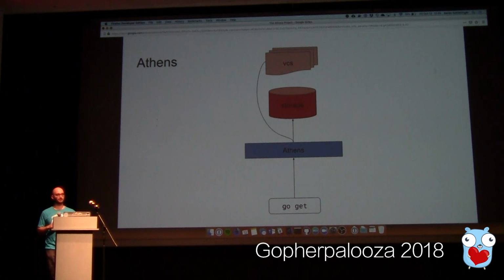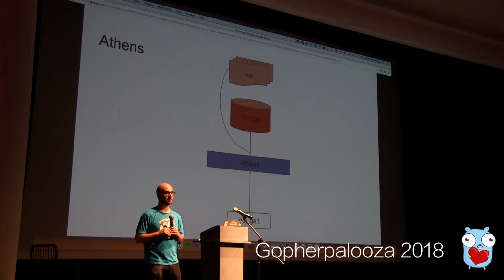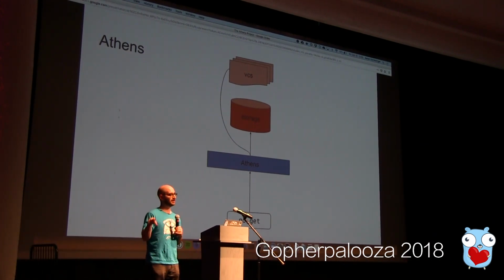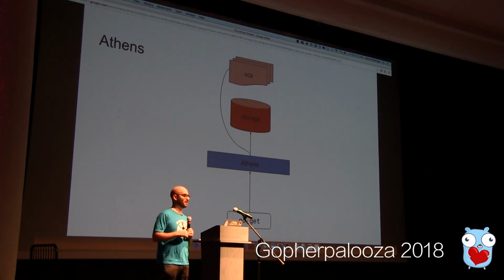So if you go and delete v0.1.0, it's not deleted from storage. That's important to remember because it's a best practice. Athens is saying it's a best practice to not go and overwrite code that you've already pushed. And if you do, it's going to diverge from what Athens had in its own storage.